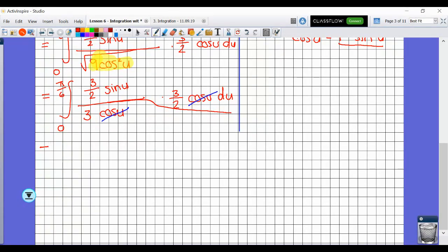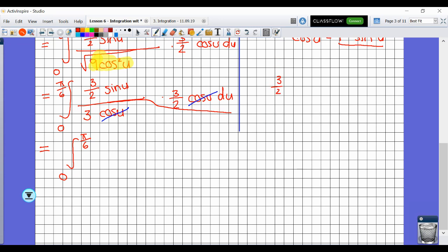So I'm just going to take the integral sign between the limits of 0 and pi over 6. Feel free to use your calculator here. This part here, if you take 3 over 2 over 3, that's going to give you 3 over 6, a half.